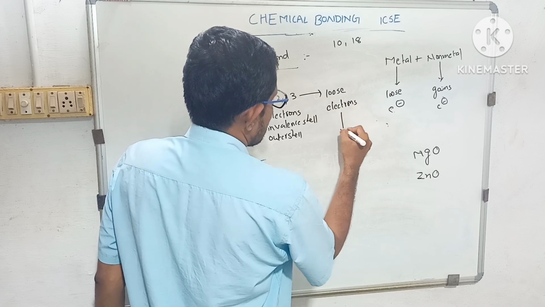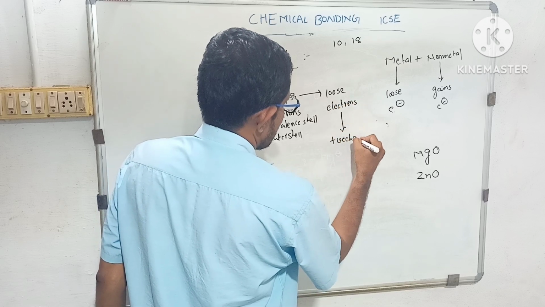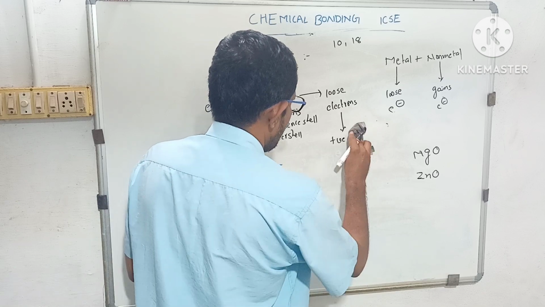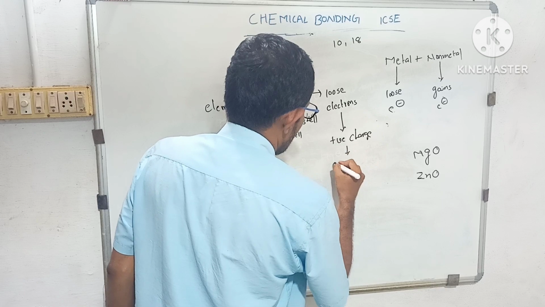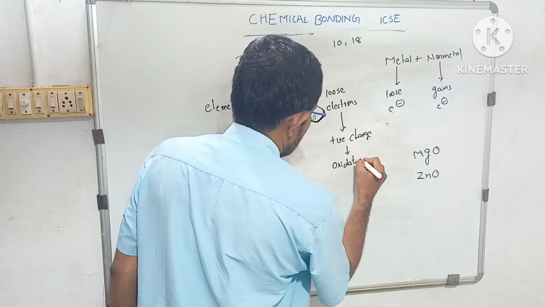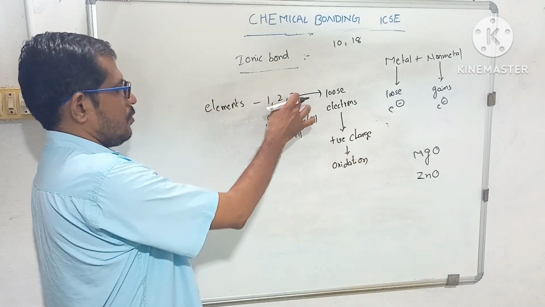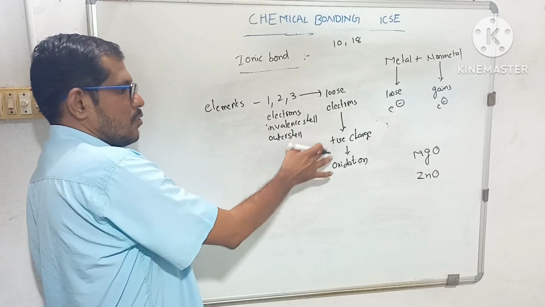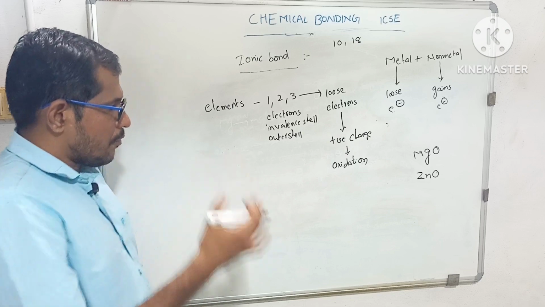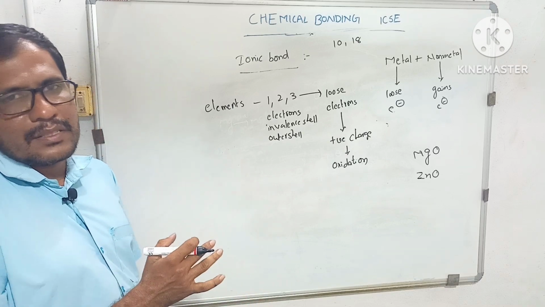By losing electrons, they form positive charge. Losing electrons is oxidation reaction. I repeat, elements with 1, 2, 3 electrons in valence or outer shell always lose electrons. By losing, they form positive charge, and the reaction is oxidation reaction.